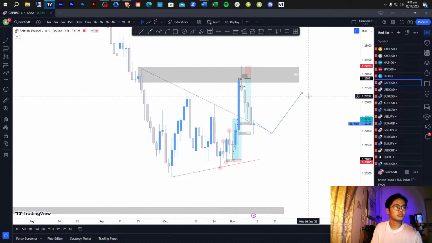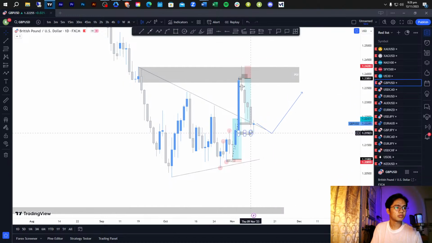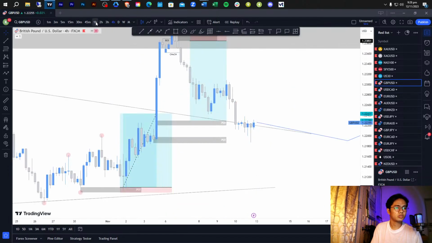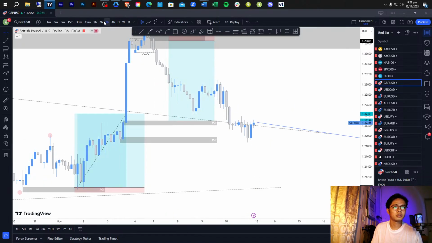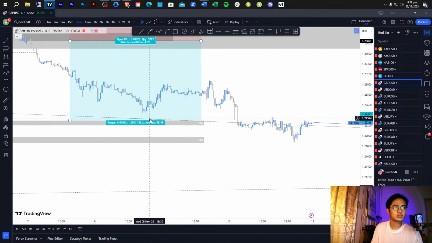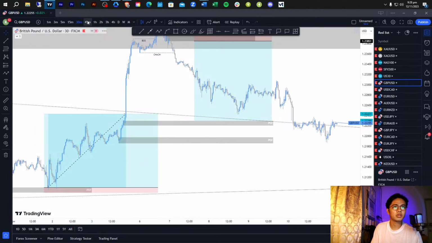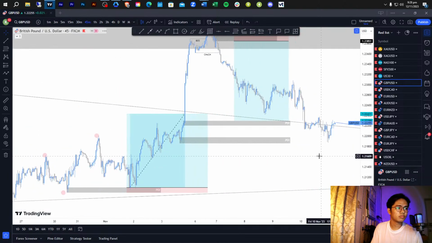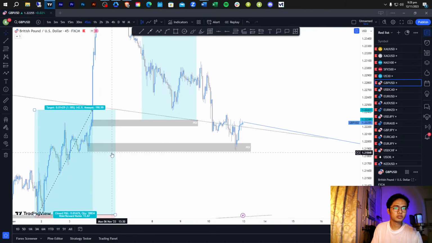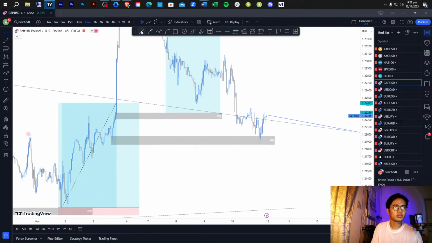And we have this POI that just got mitigated, and I think this POI is on 3R. Oh no, yes, this is it. It's a 45-minute POI or support. This is a support right here.